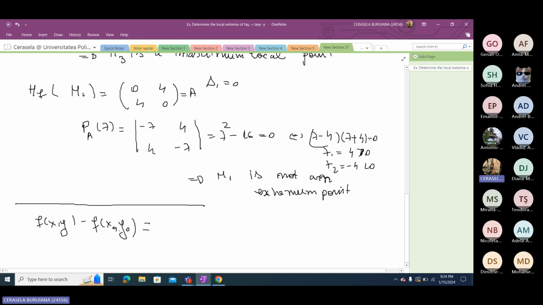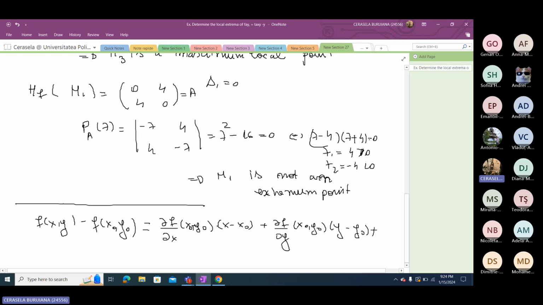If I take the difference between f(x) and f of x0, y0, I will get immediately, for instance, if I want to use the Taylor polynomial of second order, the derivative with respect to x computed at x0, y0 times x minus x0, plus the derivative with respect to y computed at x0, y0 times y minus y0, plus the second-order terms.